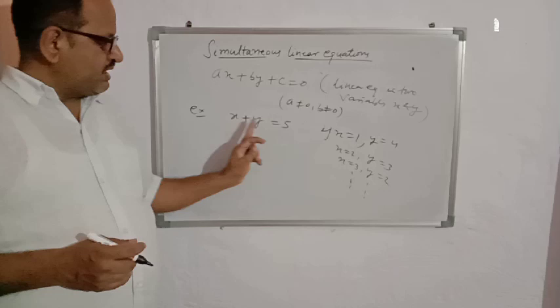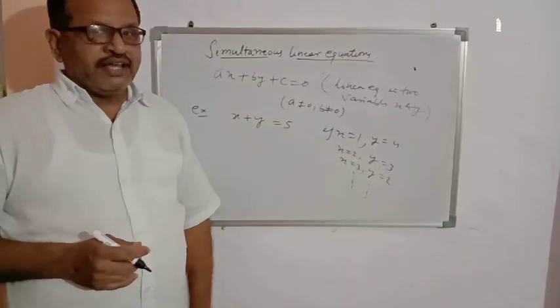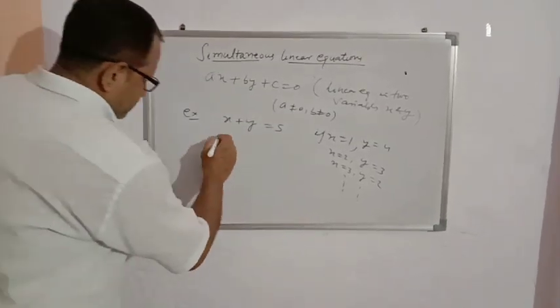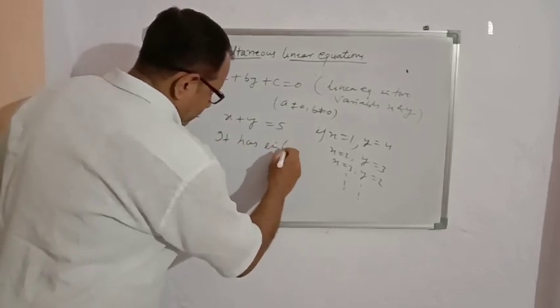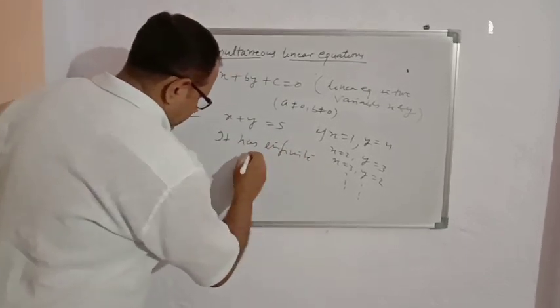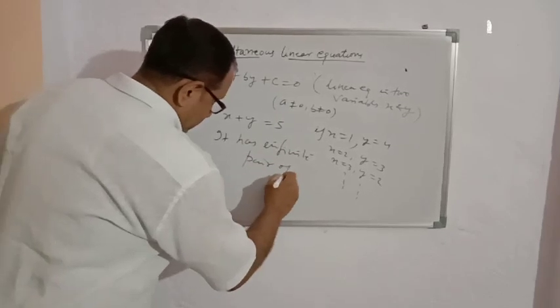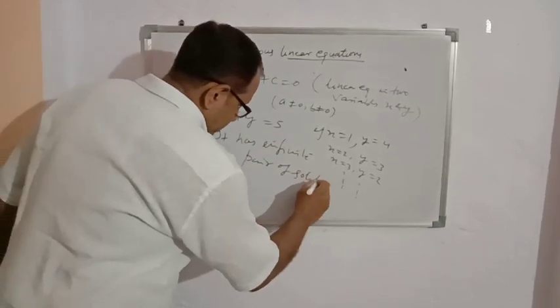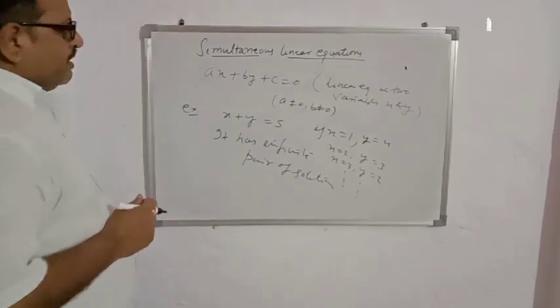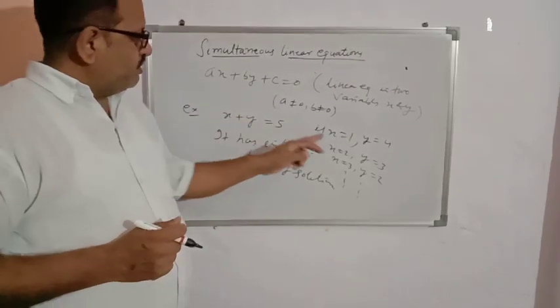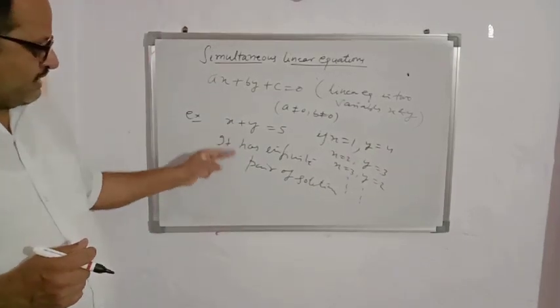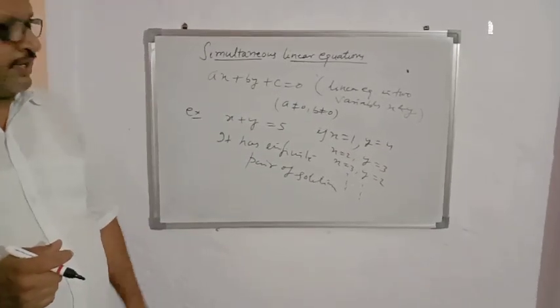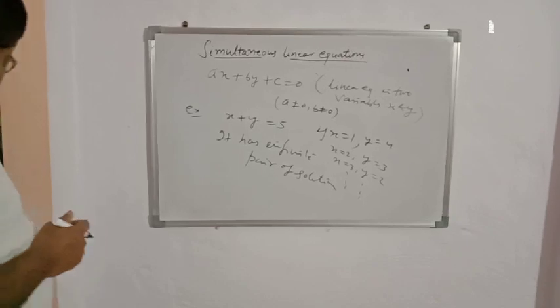So a linear equation in two variables has an infinite number of solutions. For one value of x, we will get the corresponding value of y. So it has infinitely many pairs of solutions.